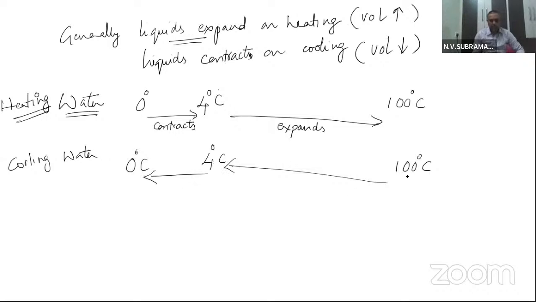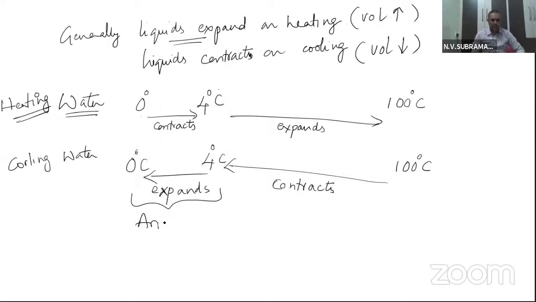What happens? 100 to 4 degrees, it will behave like all liquids. That means it contracts. But 4 to 0 degrees, it expands. It expands, children. This behavior is called anomalous expansion of water.